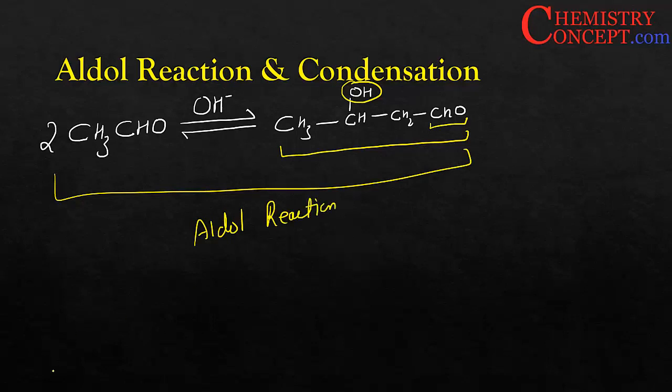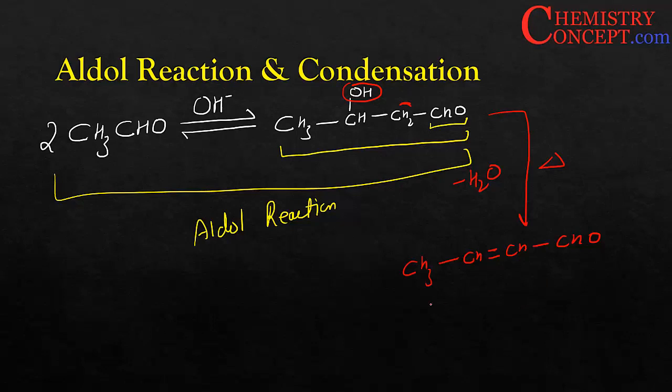If I go one step further and heat this compound formed, then water is removed. OH is released, and the hydrogen from the adjacent carbon is also released, resulting in formation of a double bond: CH3CH=CHCHO.